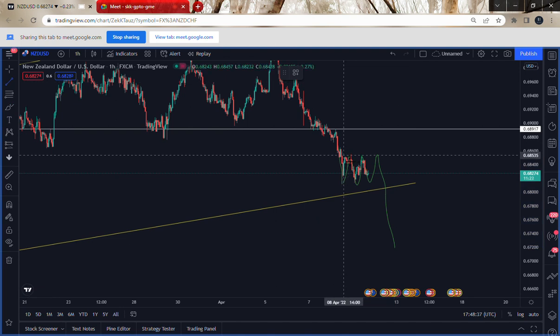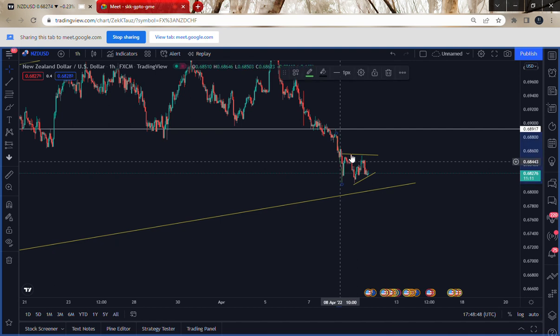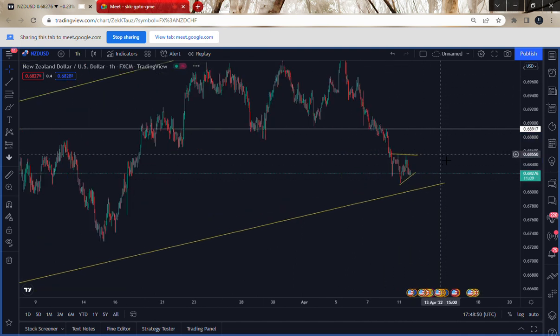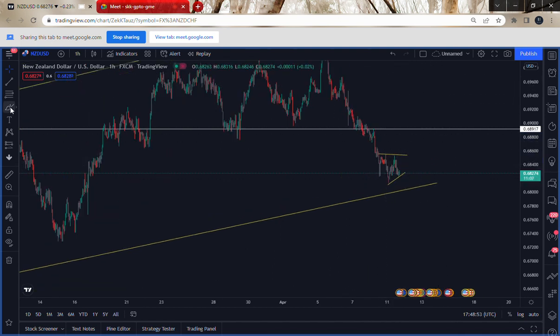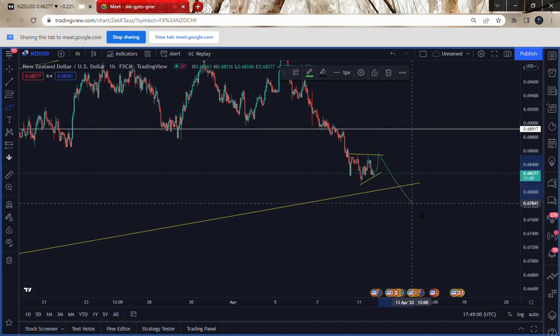So if we have a structure like so, okay, so I have 1, 2, so I can either come and give me this third touch here and go down, or it can go down from here, give me a correction and go down.